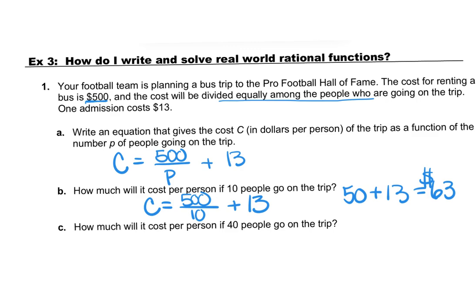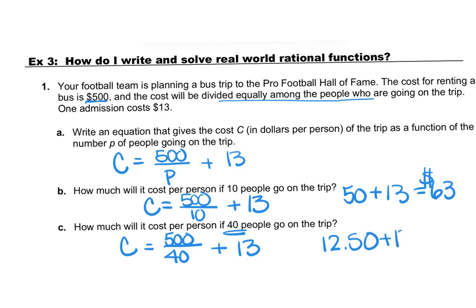Whereas if 40 people go on the trip, the bus would not be divided by 10 people, but by 40 people. But then you've got your cost of the ticket. So 500 divided by 40, everyone would be paying $12.50 instead of $50 for the bus because it's split among more people.